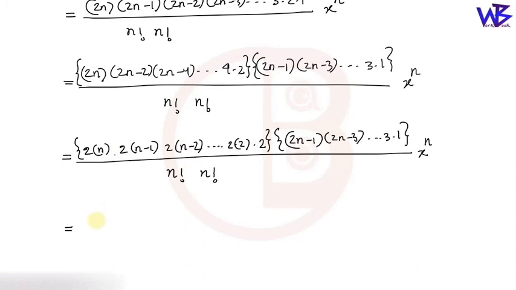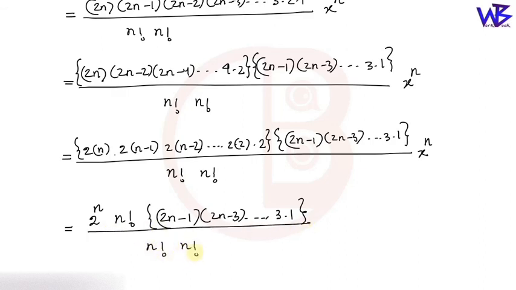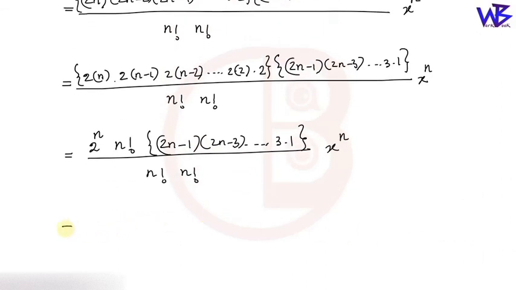So I'll get n times 2, which is 2^n, into n × (n − 1) × (n − 2) ... 2 × 1, which is n!, into the odd ones which remain as they are, (2n − 1)(2n − 3) ... 3 × 1, divided by n! × n!, whole multiplied by x^n. Now one n! in the numerator and one n! in the denominator, when divided, will give 1.